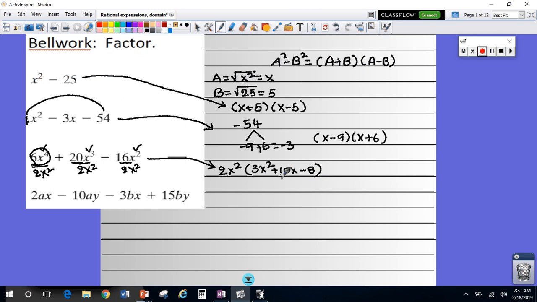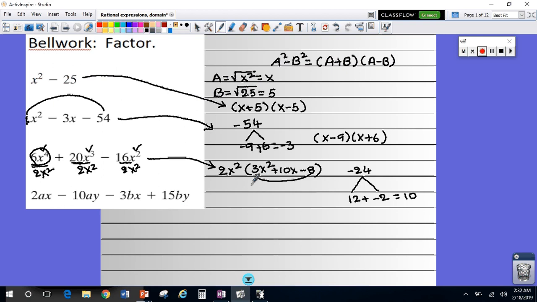Now again, to find the factors for this quadratic expression inside the parenthesis, first you need to multiply 3 and negative 8. So 3 times negative 8 gives you negative 24. The factors of negative 24 which give you positive 10, I can take as 12 and negative 2, because adding these two factors gives me positive 10.